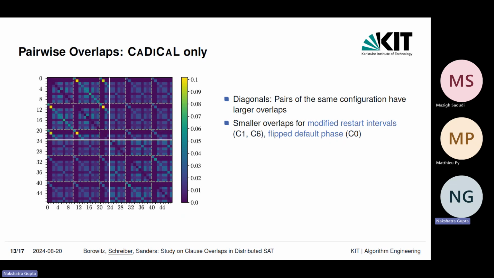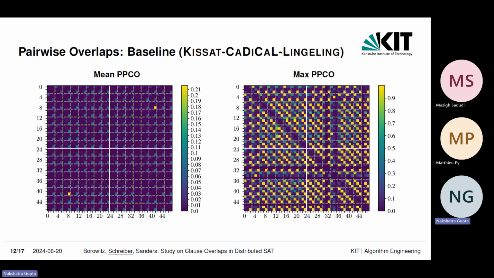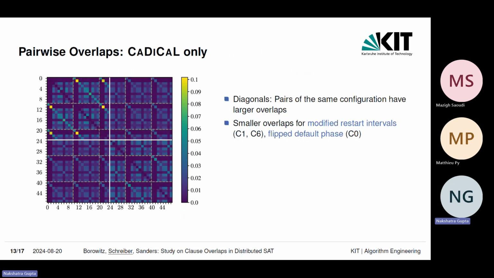We also look at those pairwise overlaps if we only use Cadical, just run Cadical everywhere, to get a cleaner picture. And what you see here are somewhat pronounced diagonals. That means that pairs of the same configuration of the solver have larger overlaps. Here again, with these dashed lines, you can see when a number of solver configurations repeats, right? So if we use the same configuration, we get higher overlaps.